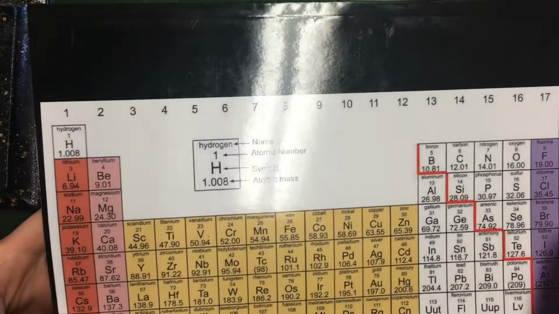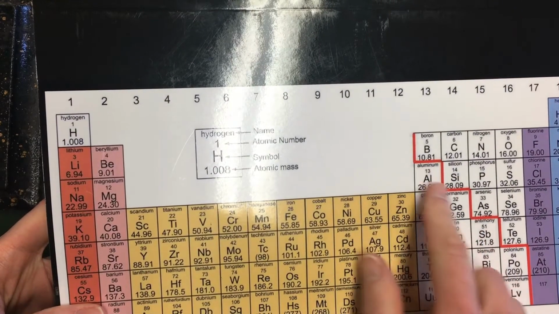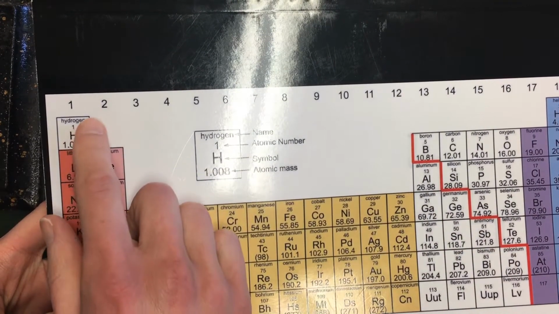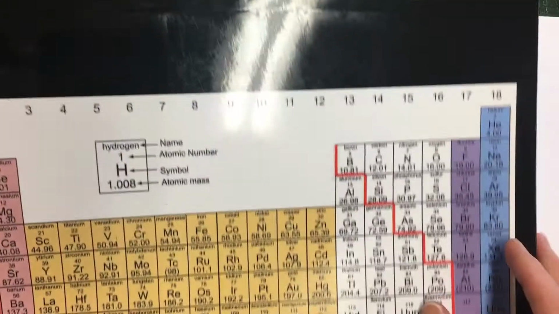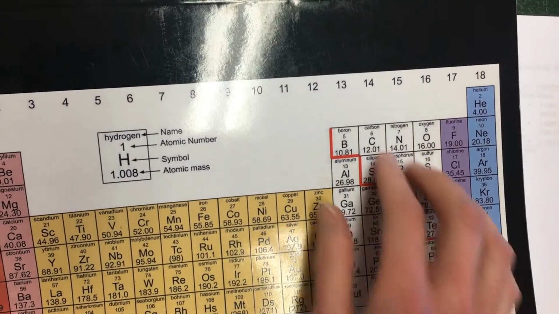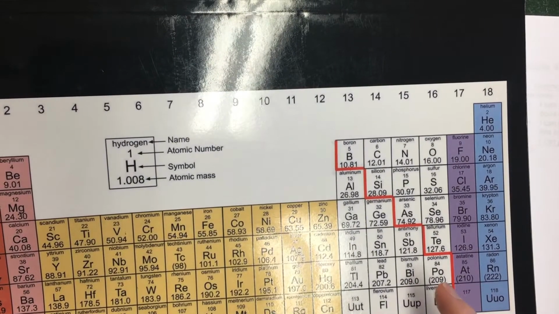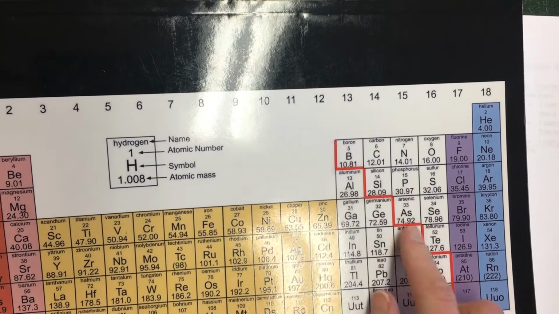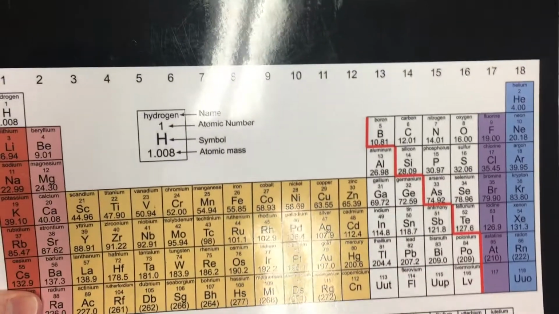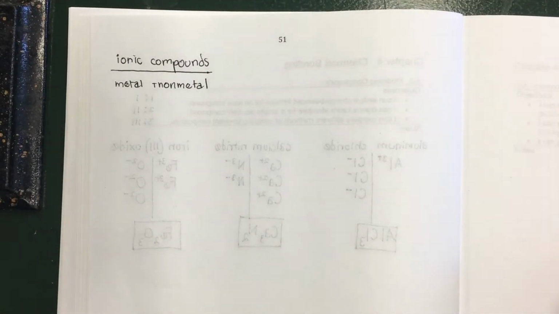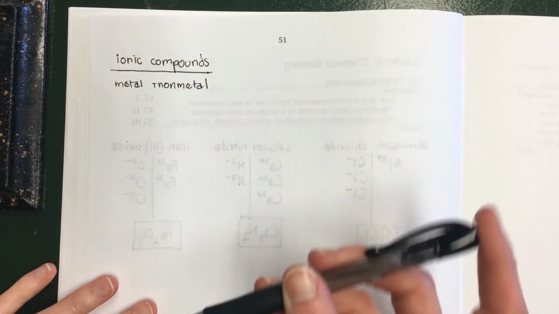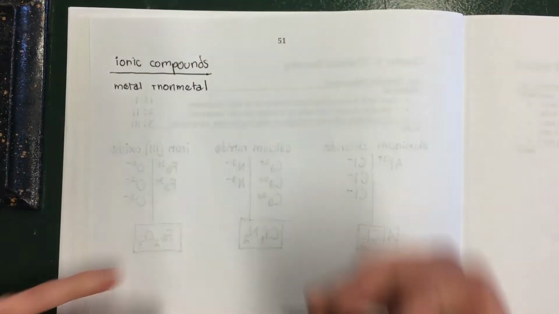If you don't, remember the metals are everything on the left of this jagged staircase line, except for hydrogen, which is a nonmetal. The nonmetals are everything on the right. Yeah, there are a couple of elements called metalloids in here, but for the most part, you just need to know metals, nonmetals.